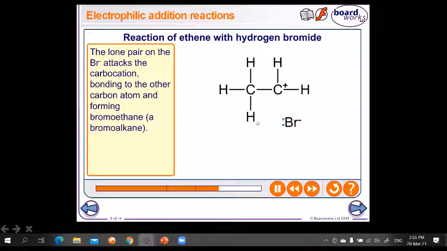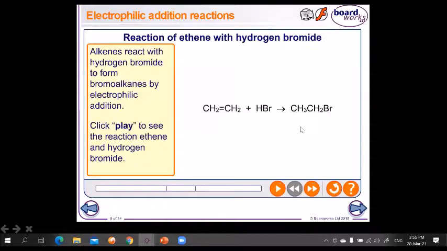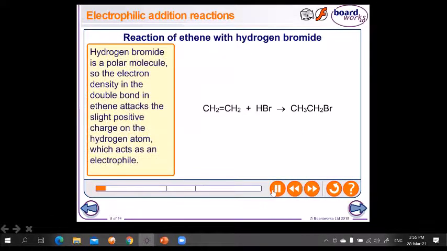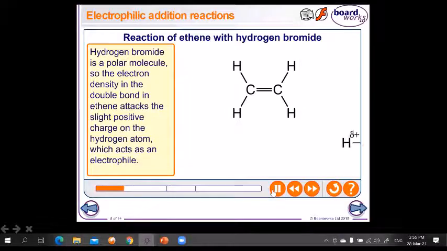Then the lone pair on that Br attacks that same carbocation and bonds to the other carbon atom, and forms the bromoalkane. So let's repeat again, just so you see the first time.